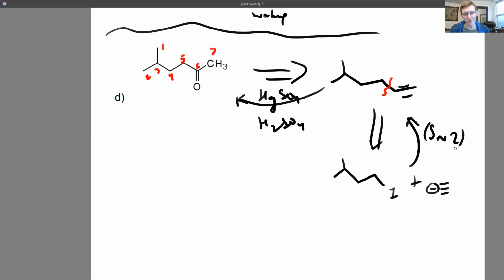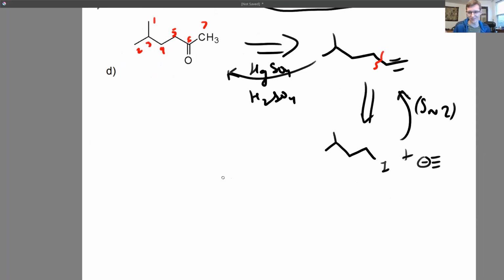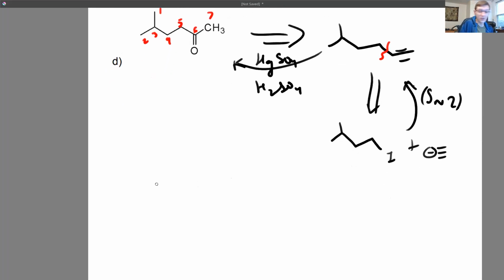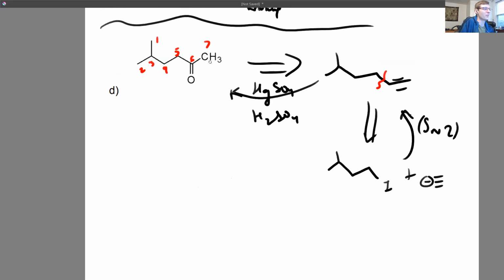This week you'll be learning about organometallics too, and some of you have already seen it. So let's not fool ourselves into thinking that we can't do this multiple ways. There's another way to do this problem, because we have this carbonyl here. Yes, we have to make a carbon-carbon bond, but there's a carbonyl, which means we could have added something at that carbonyl site. So does anybody see a way to do this problem with organometallics?